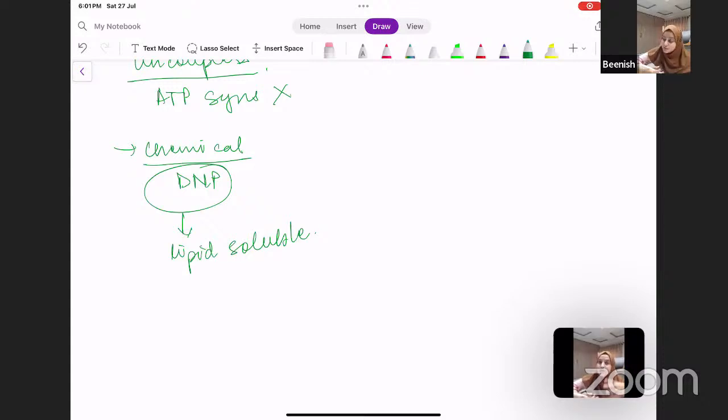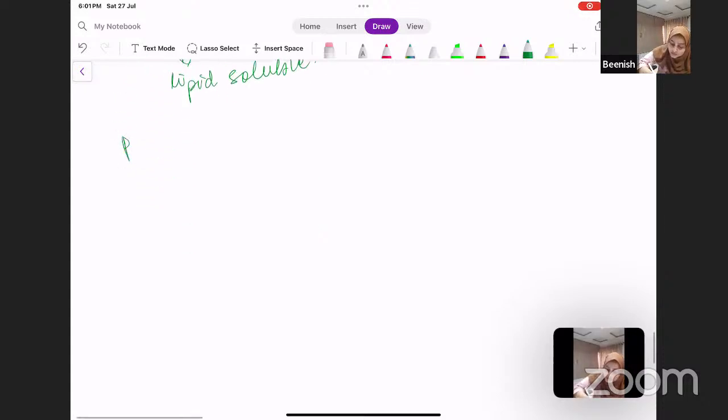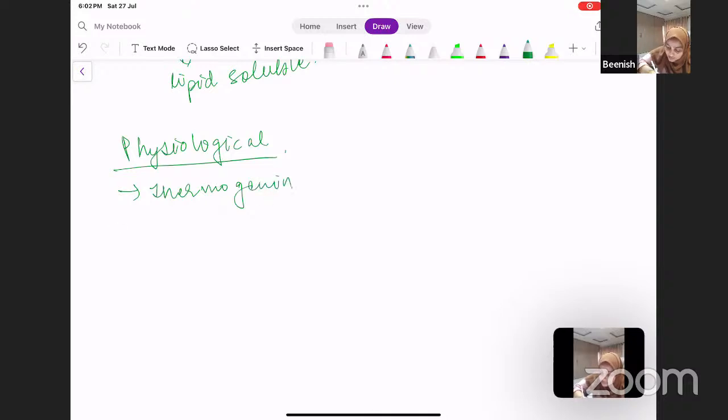Now talking about physiological uncouplers. You have some physiological uncouplers like thermogenin, then you have long chain fatty acids, and you have thyroxine.